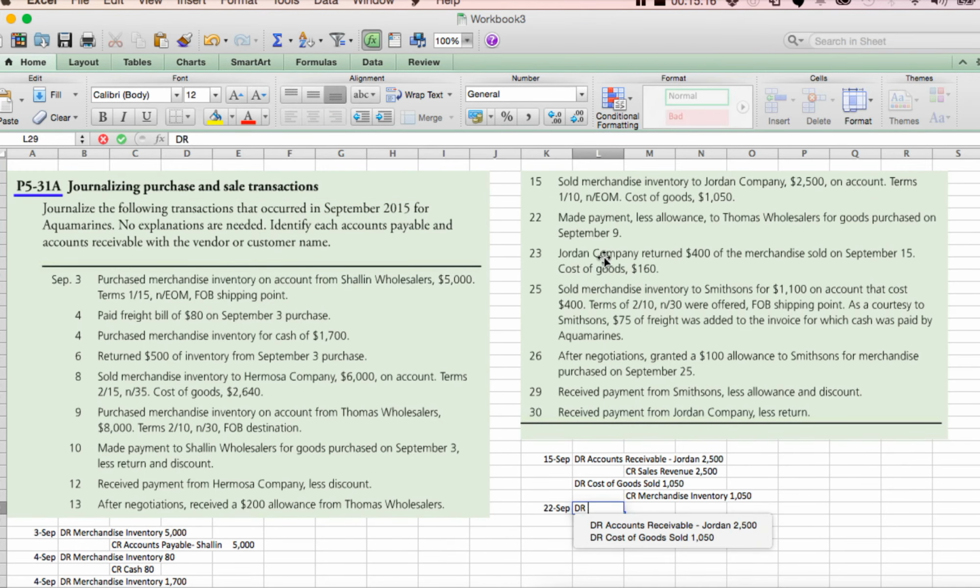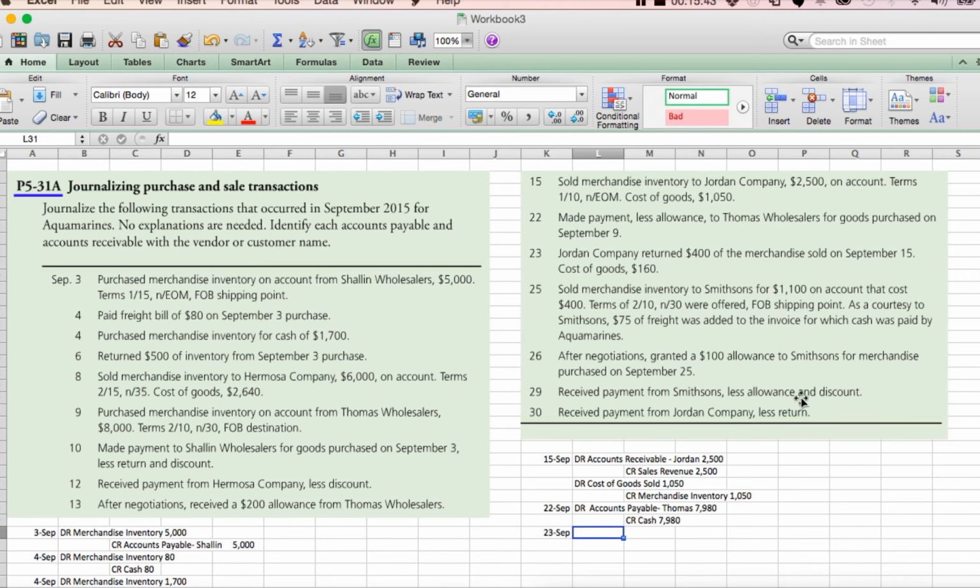Okay, so we're going to debit accounts payable Thomas for $79.80. We're going to credit cash for $79.80. Okay. September 23rd.